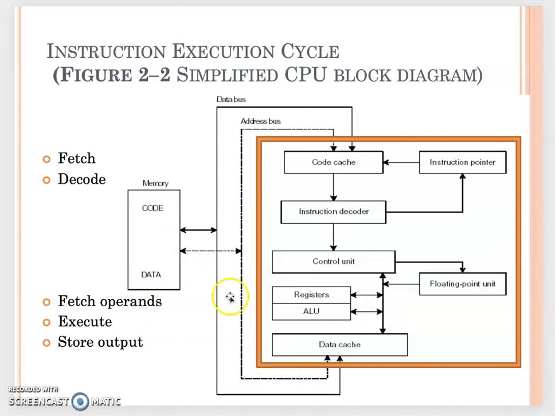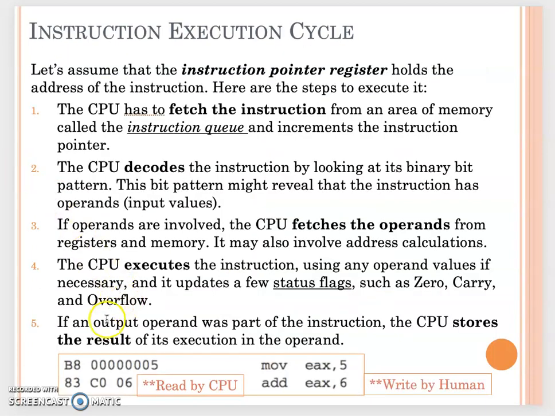So all the data we need to access from the memory. But no matter what, after they process, they will update the data and the status flags. Then after they are done, if they have an output, they will store the result into the operand. So that's your instruction execution cycle.